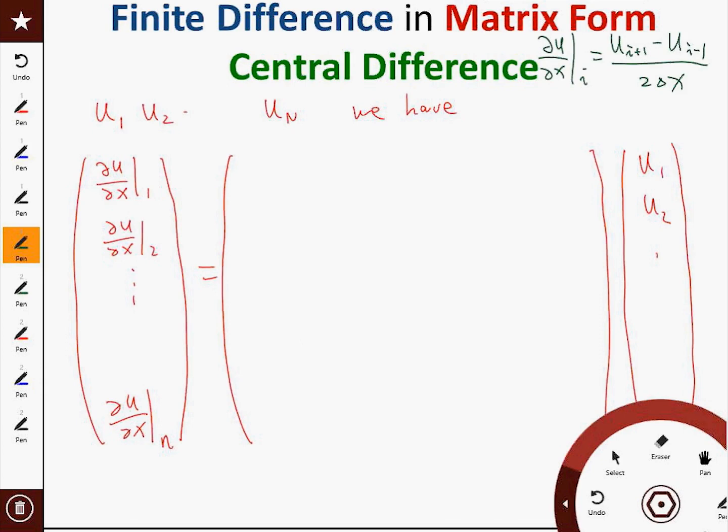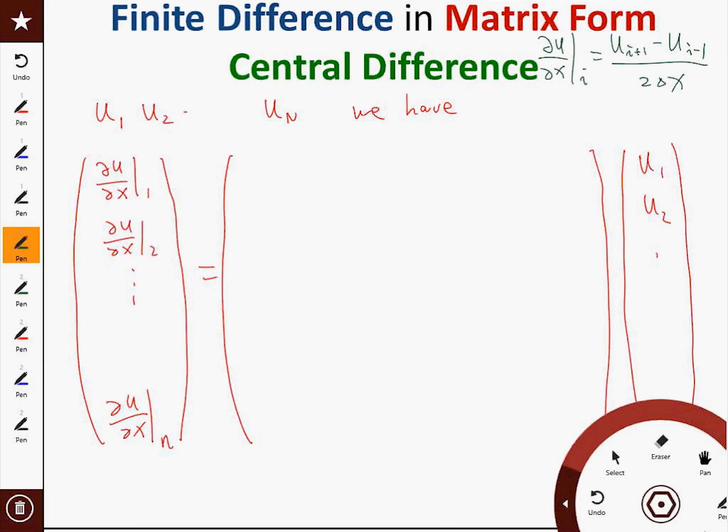And let's assume again we have periodic boundary condition, so that if I is equal to n, then I plus 1 would be equal to 1. If I is the last grid point, then your neighbor towards the right is actually the first guy on the other end.